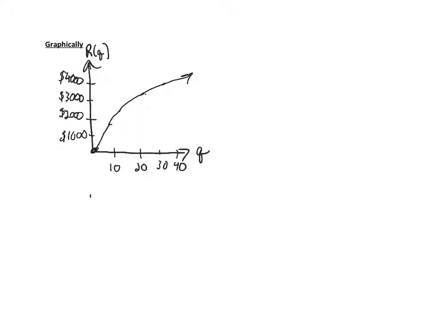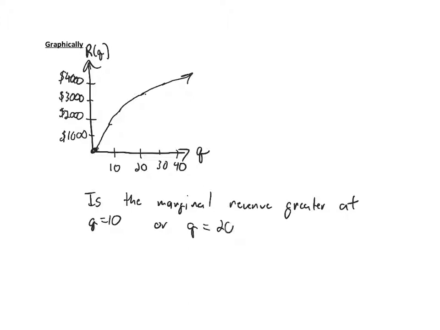So let's say we want to consider, is the marginal revenue greater at Q equals 10 or Q equals 20? So what I'm not asking is do we generate more revenue? I'm asking if each additional item is generating more revenue. So what we really want to consider is the slope.